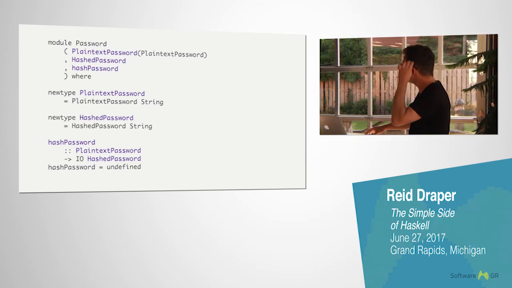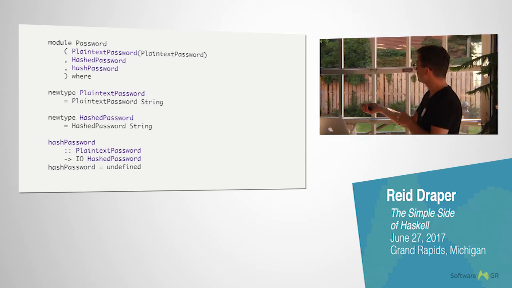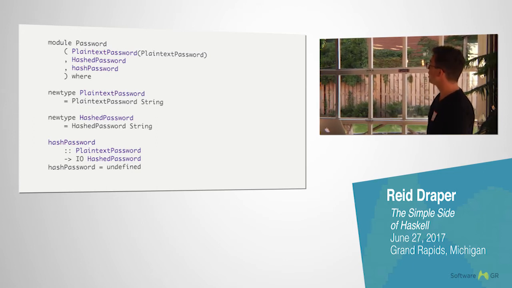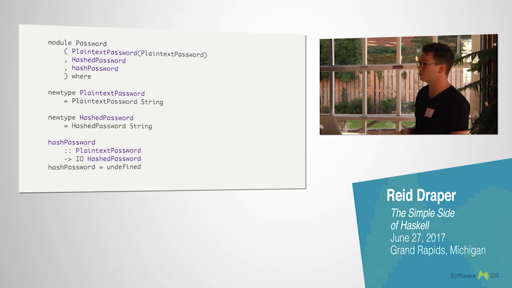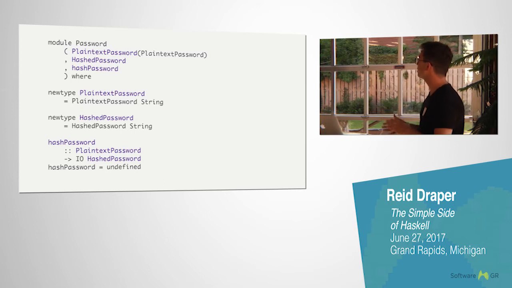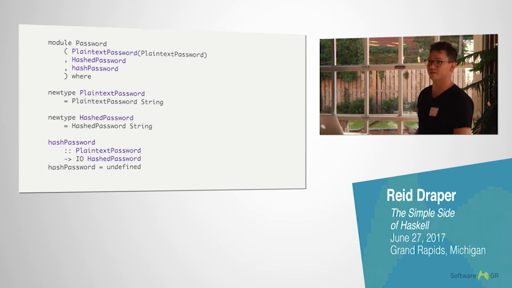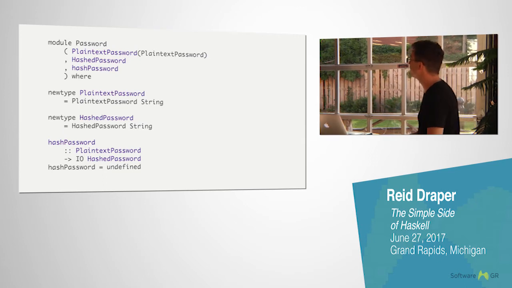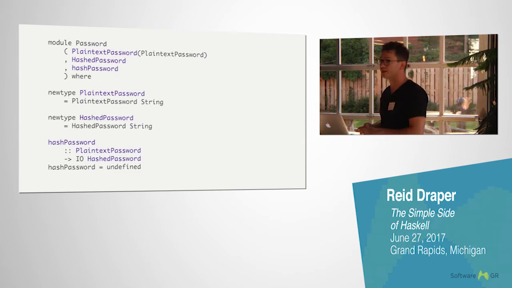At the very top of our module, we're going to create a new module. It's called password. And then we're defining the names that we export in our module. Anything that we don't explicitly export here is going to be hidden.